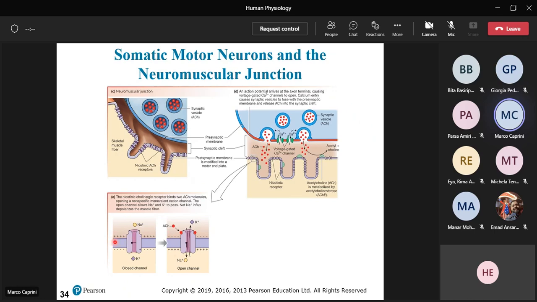So the membrane, the sarcolemma, is now depolarized because the acetylcholine binds to the ionotropic receptor and the sodium ions flow inside through the sarcolemma membrane.